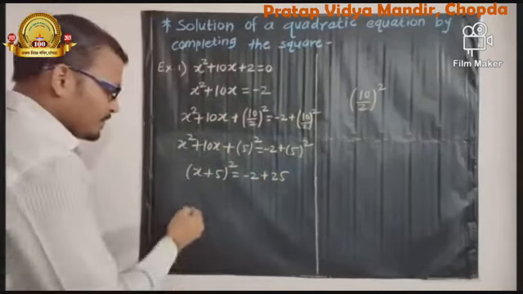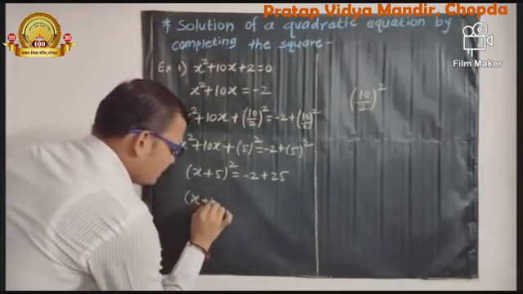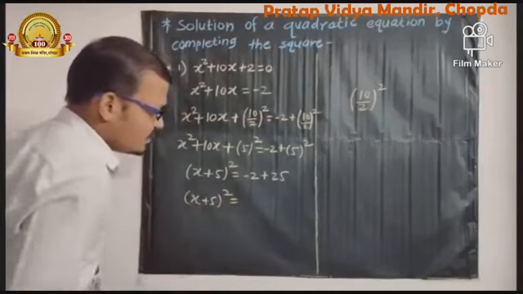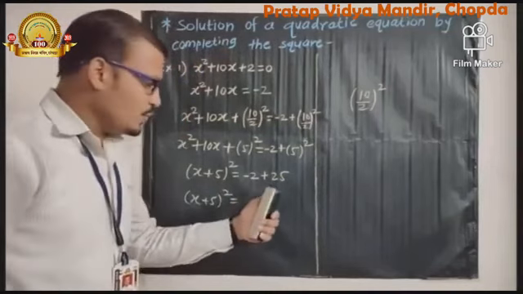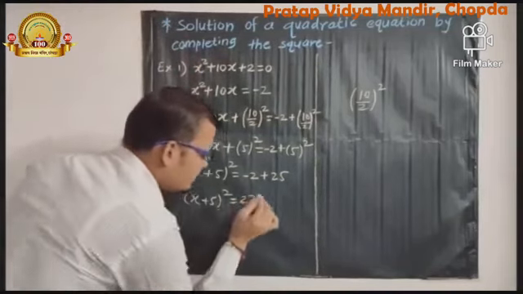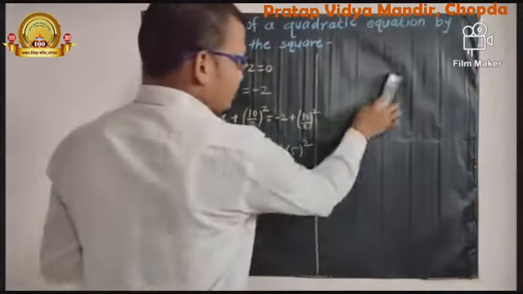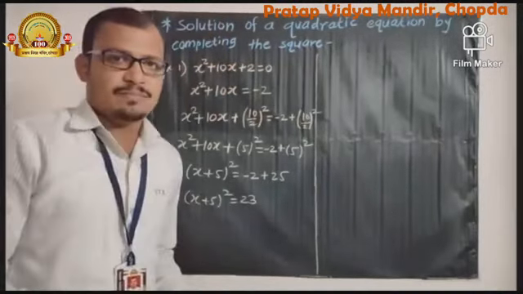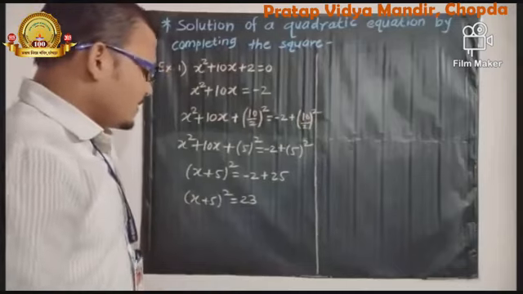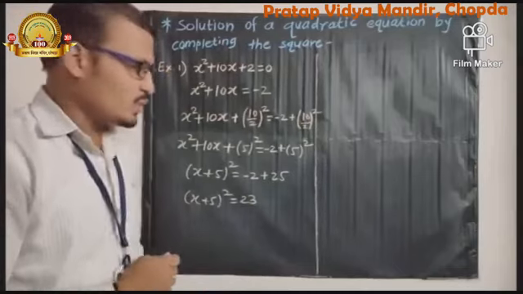Now solve. x plus 5 square is equal to, subtract this 2 from 25, so we get here 23. Now to find the solution of this equation, we have to take square root on both sides.